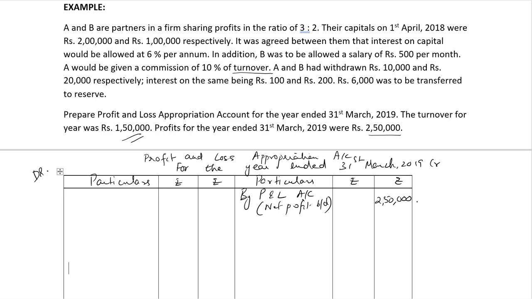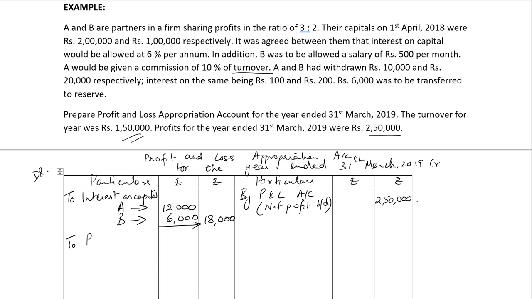We have to debit P&L appropriation account with interest on capital. For A, it's 6% on 2 lakh, which is rupees 12,000, and for B, it's 6% on 1 lakh, which is rupees 6,000. Total 18,000 to the outer column.